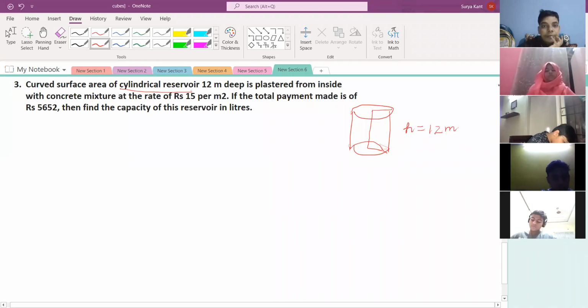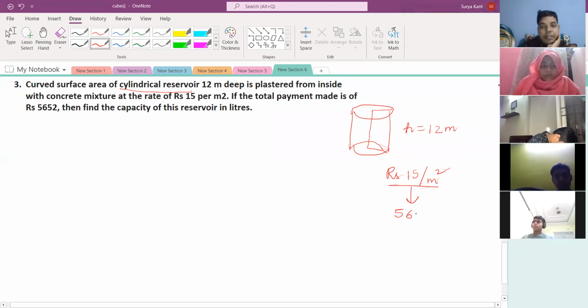We need to find R. It is plastered from inside with concrete mixture at the rate of 15 per meter square. If the total payment made is 5652, right? This is the total payment.